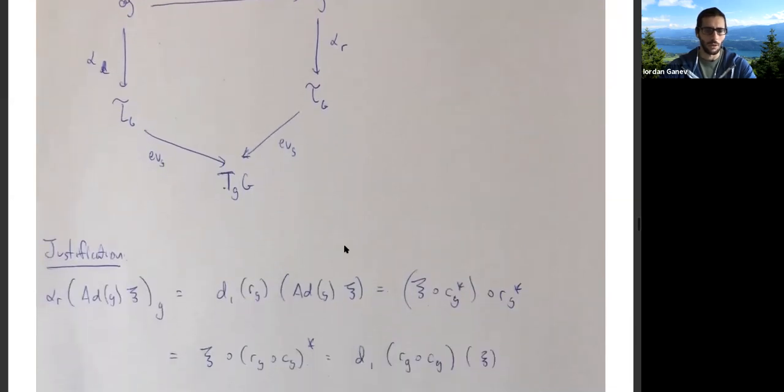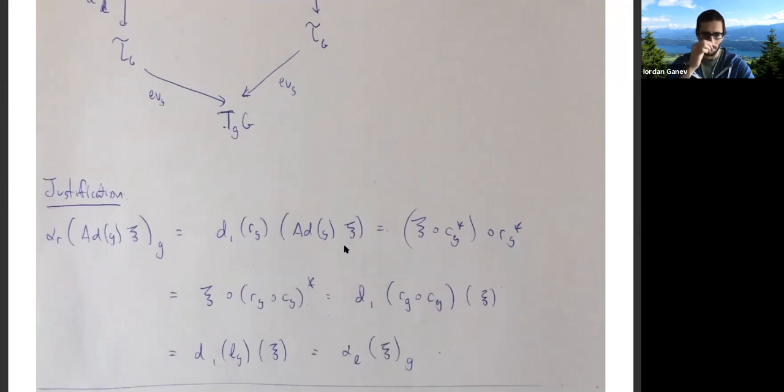And you can also give an interpretation in terms of formulas. So in terms of formulas, what's going on here is that if we act on xi by little g, by the adjoint action, and we think of this as a right invariant vector field, its value at little g will be what we would have gotten if we did something much simpler, which is just take xi, think of it as a left invariant vector field, and take the value at g.